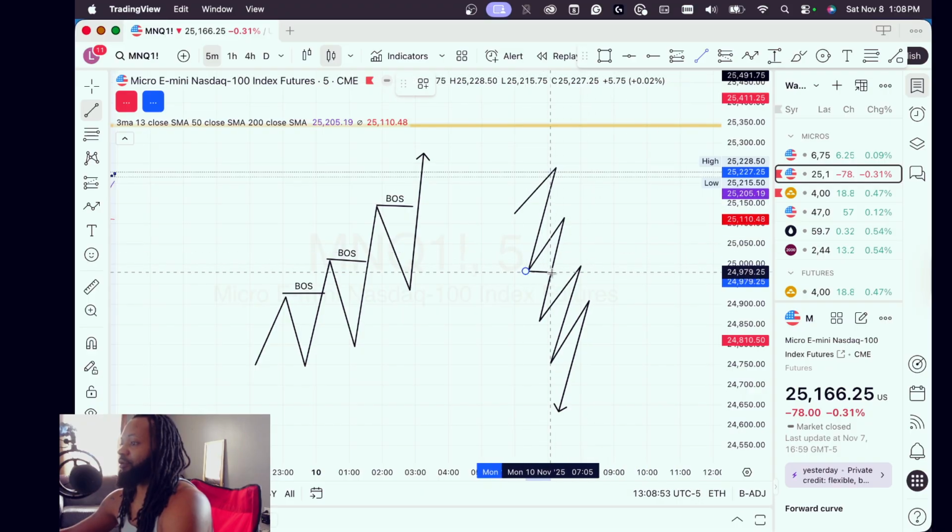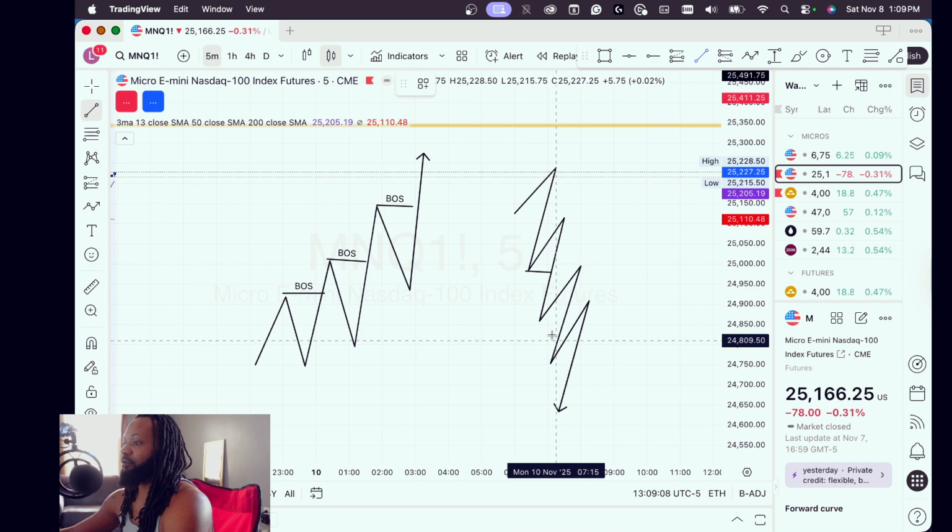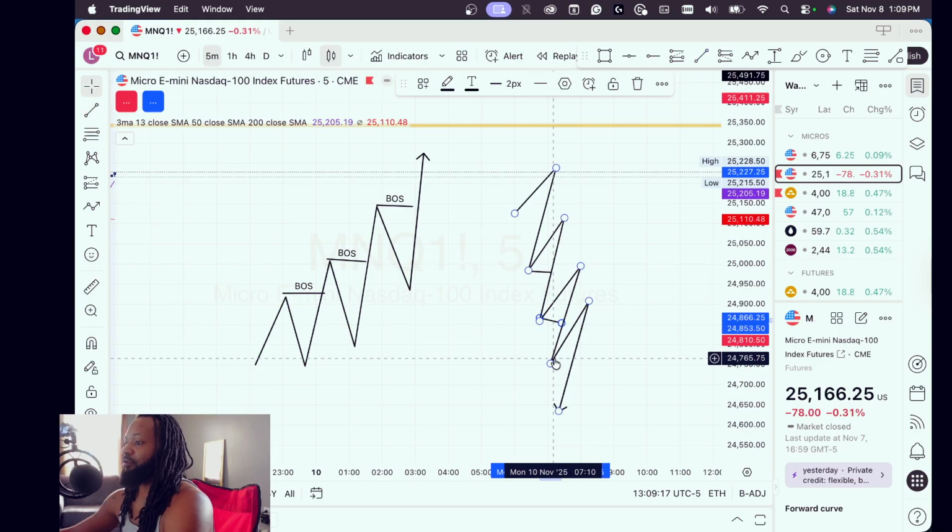Break of structure. Lower high, lower low, lower high, break of structure, lower low, lower high, break of structure to the lower low. Right? Lower low, lower high, lower low down and break the structure.